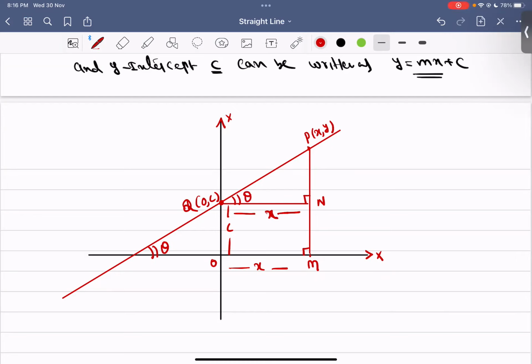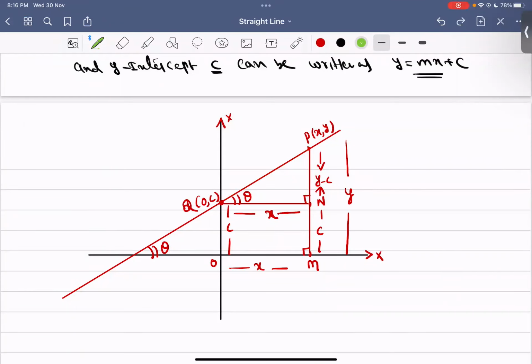Now PM distance is y, and MN distance is nothing but c. Therefore PN distance is y minus c. Now from this right angle triangle, which right angle triangle?